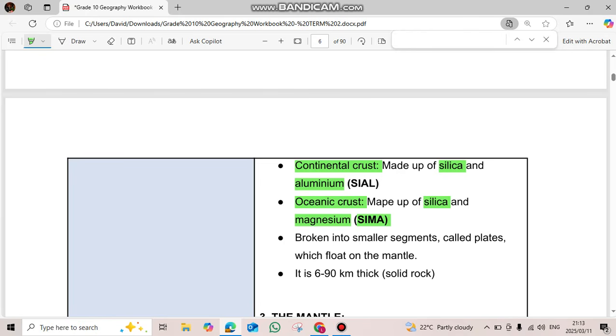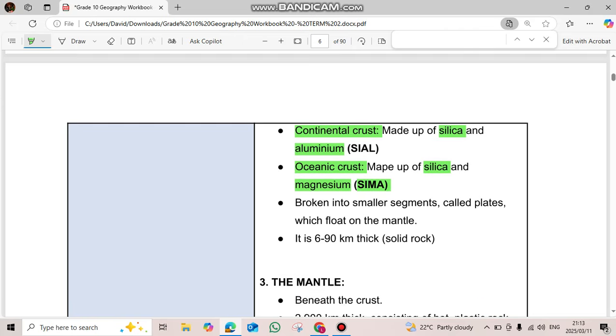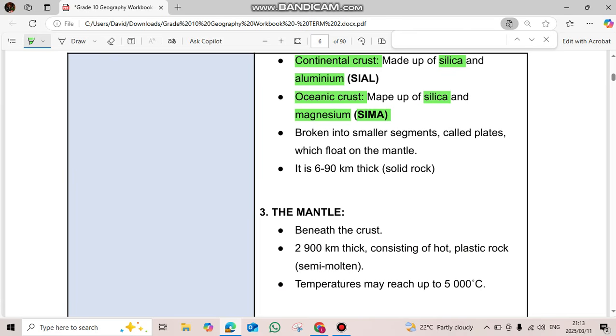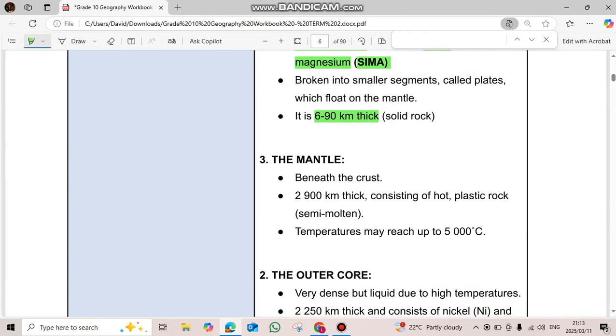Now, these two crusts are broken up into different layers or segments, and they are known as our plates or plate tectonics. It's a topic we'll get into a bit later on. And these plates are then essentially floating on top of your mantle. If we look at the thickness of the crust, we find that it's between about 6 and 90 kilometers thick.